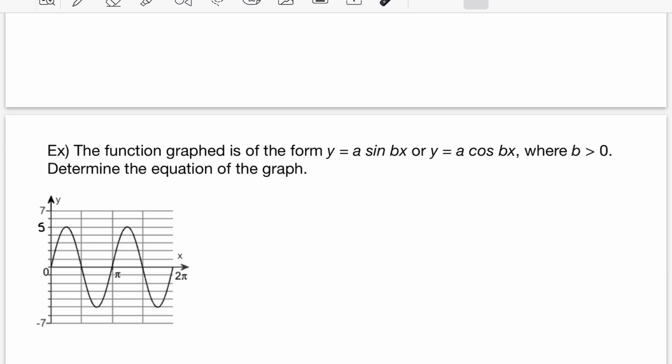So the first thing we'll do is write down our given information from this graph. We can see here that our amplitude is going to be 5. So A here is 5. We also see that one period here, which looks like that here, is equal to pi.